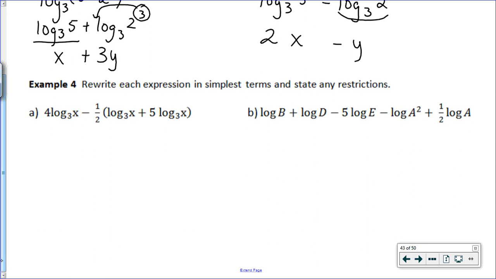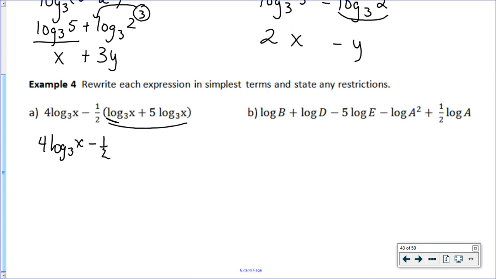In example 4, I'm going to apply the law of logarithms again and rewrite this as a single logarithm. So I'm doing kind of the opposite of the first part where we were expanding it. Now it's expanded, and we're going to put it all together. So what I might do first is add these. I have 4 log base 3 of x minus 1/2.